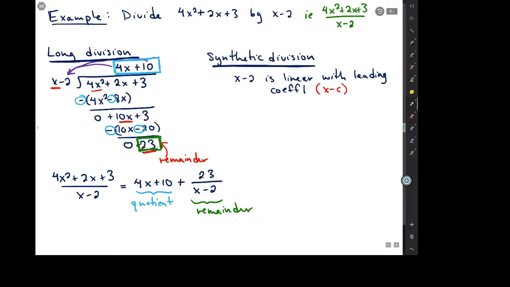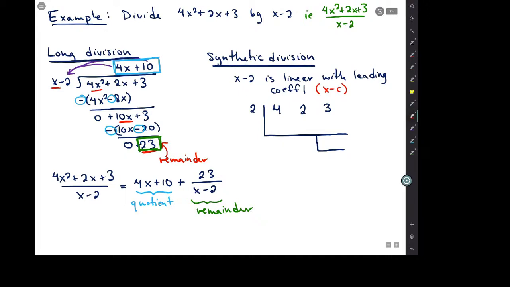I take that value of c, in this case 2, and then I make this array using the coefficients of my original polynomial. My original polynomial was 4x squared plus 2x plus 3, so the coefficients were 4, 2, and 3. And I'm going to make this shape, and you'll see why it looks like this later.